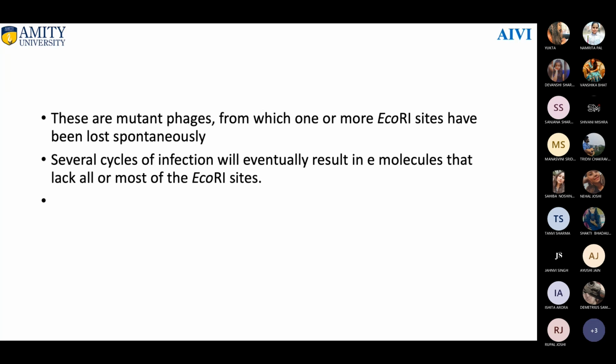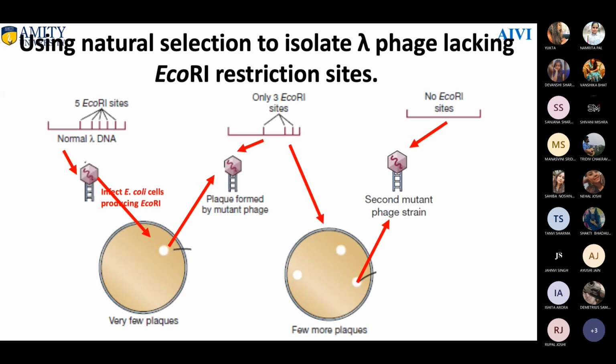So this is how you are selecting. You continuously select the plaque, reinfect, and allow it to grow. This multiple cycle of infection of the lambda phage helps you eliminate the restriction sites.